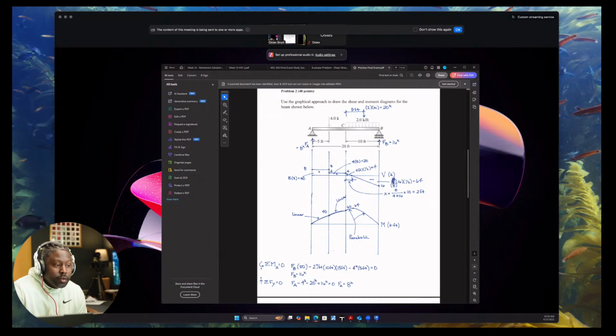So we have another reaction, which is 16 kips, causing it to jump right back up. So we're right back at 0 again.